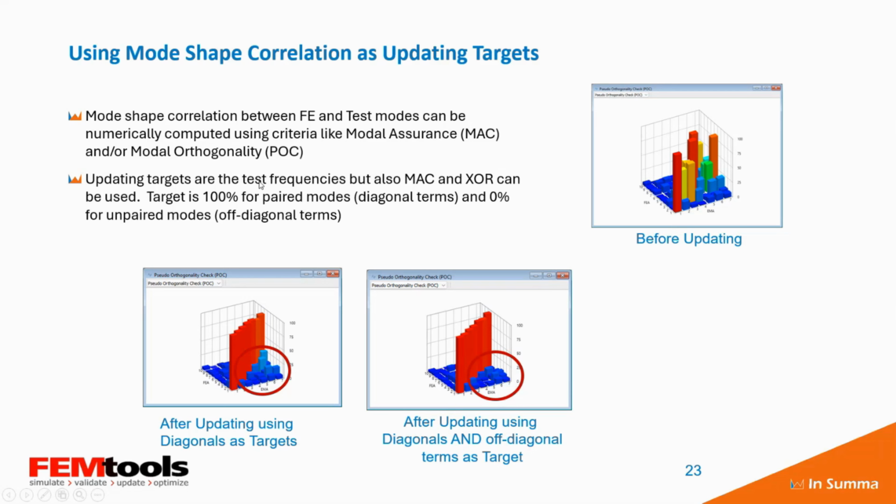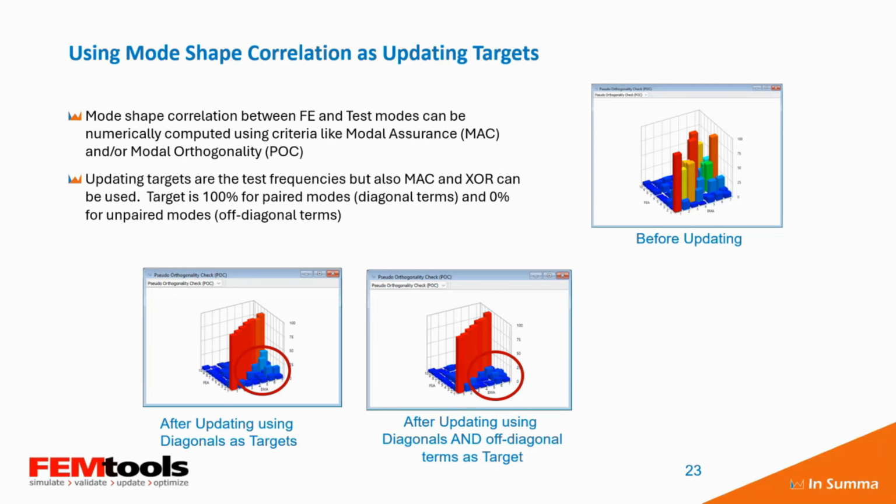A unique feature of FEMtools is that we can also include the off-diagonal terms, so they should go down to 0, and I think it's interesting to include those additional responses, because we can benefit from having more responses.